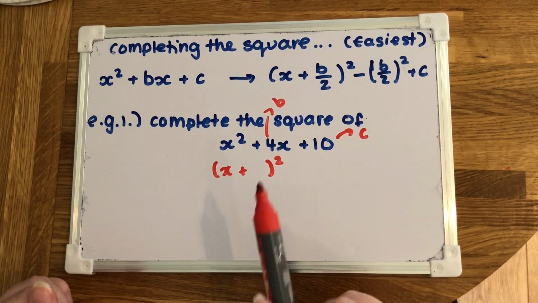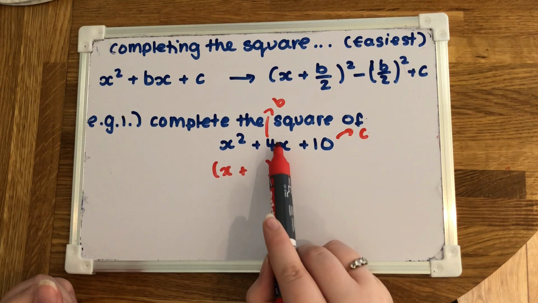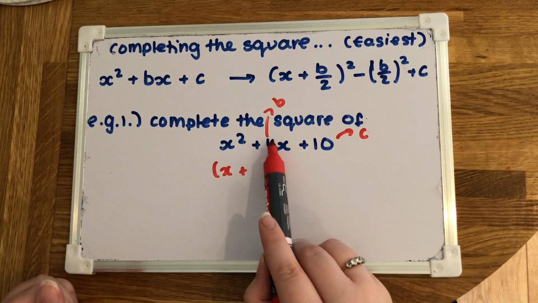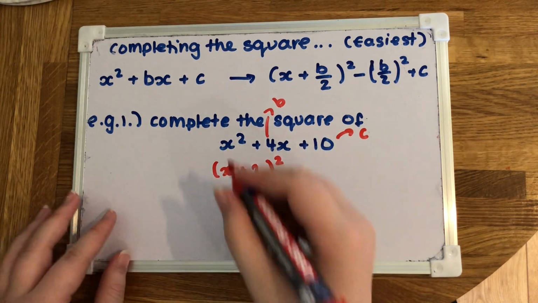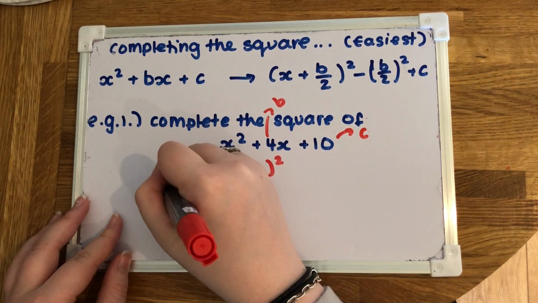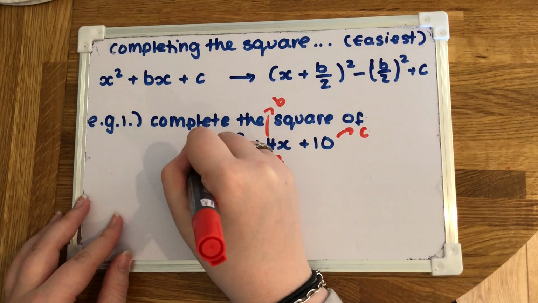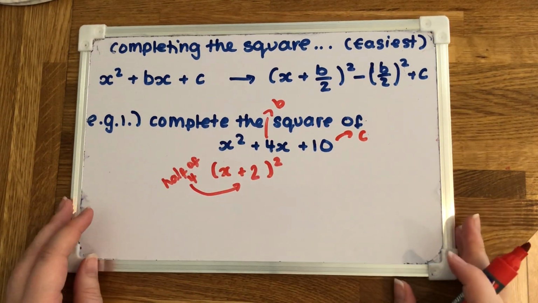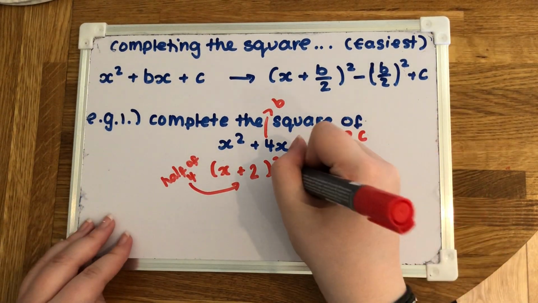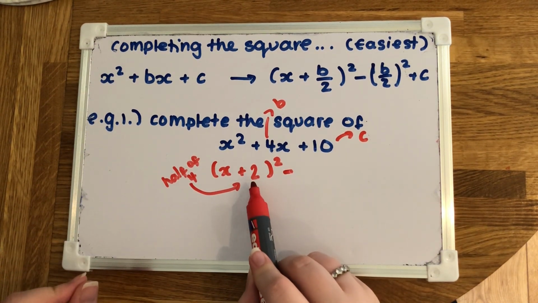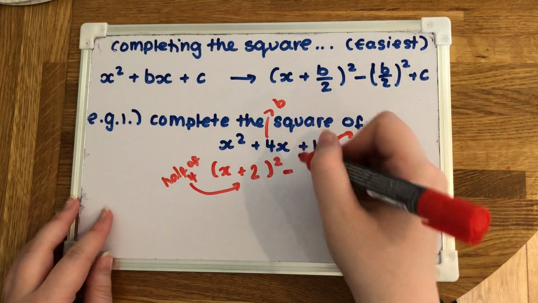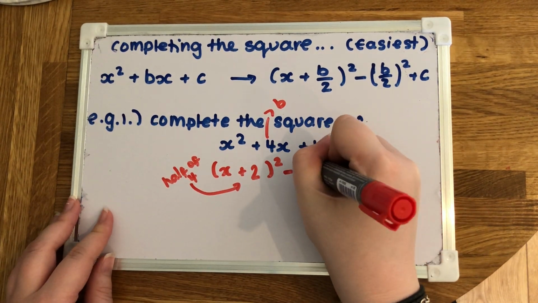Okay, so what we do is we half whatever number is in front of the x. So half of 4 is 2. Okay, so this is half of 4. Okay, we then always subtract whatever this number is squared. Okay, so we're going to do subtract 2 squared.